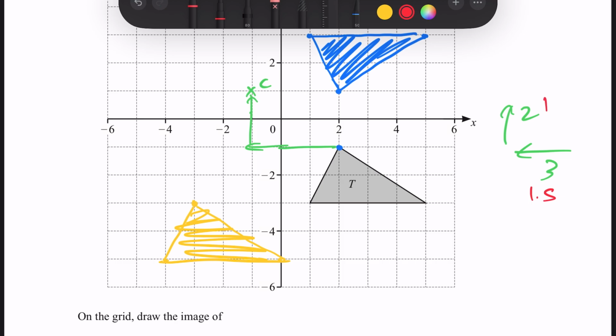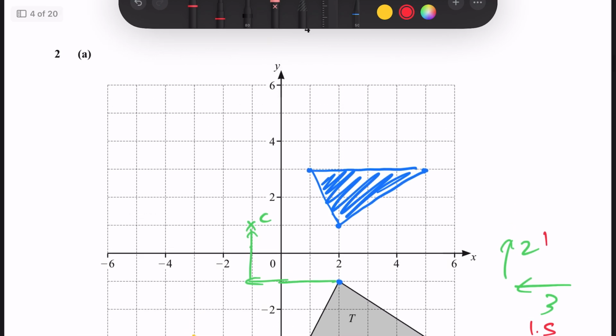So you shift the point from the center to its image point by going 1.5 to the left, and 1 up. This is the position of the image of our point. So we take the distance between any point of the triangle and the center, divide that distance by 2, and travel that same distance from the center to get the position of our new image point.